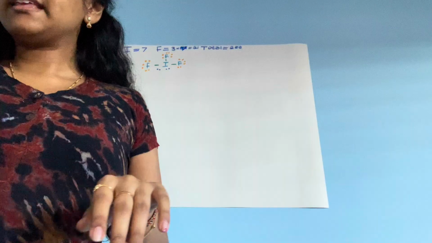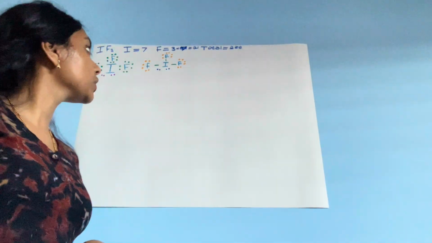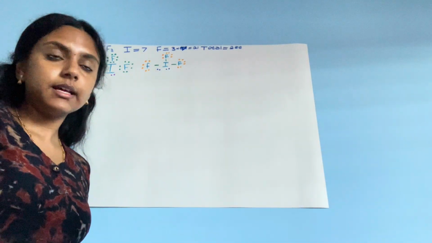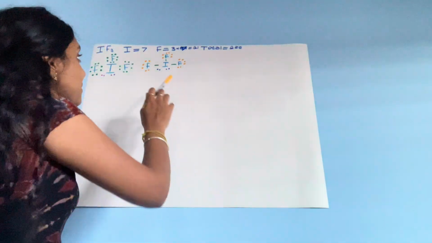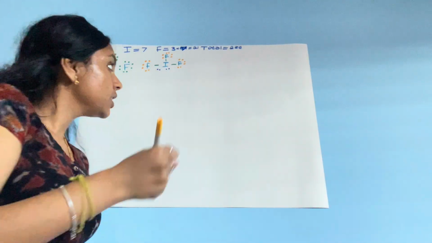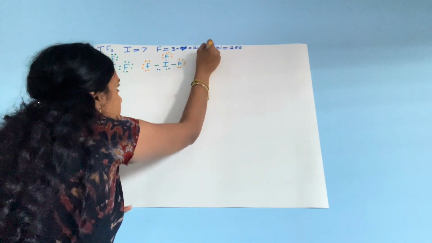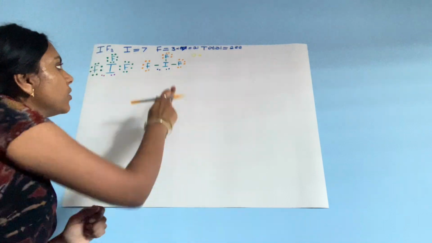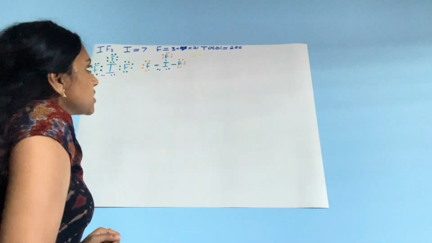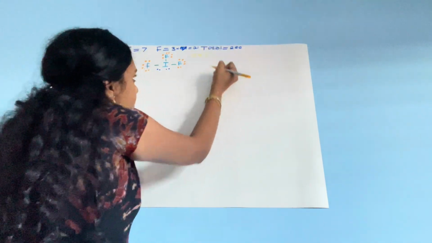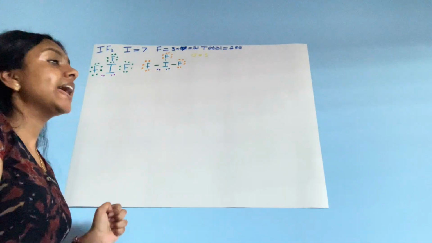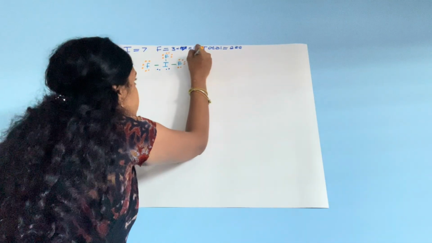We are going to be counting our number of bonds. So let's take a look. Sigma bonds, we have 1, 2, 3, which is in green. So we have 3 sigma bonds. We don't have any pi bonds.